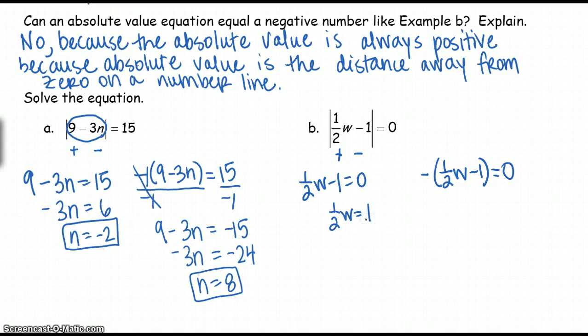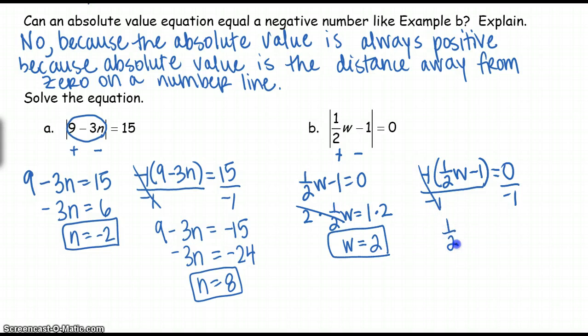And then I'm going to multiply both sides by 2 because that's the reciprocal of 1/2. So if I multiply both sides by 2, then you're going to have 2 over here. Now over here, you would divide both sides by a negative 1. If you want to do it the quick way, you can distribute if you want. And you have 1/2 W minus 1 equals, well, this is still 0.